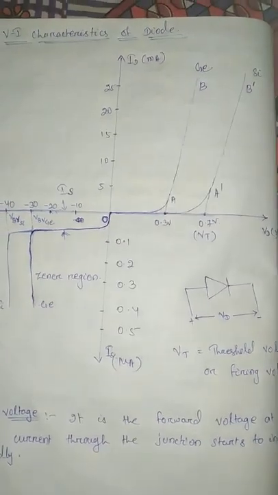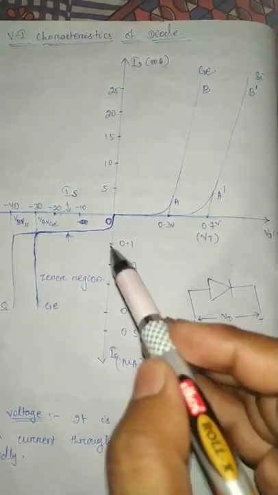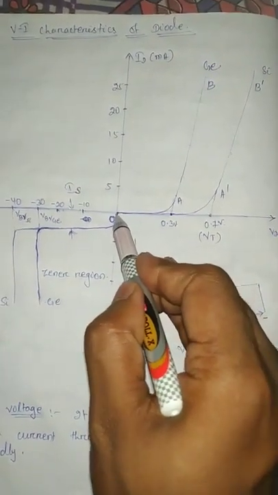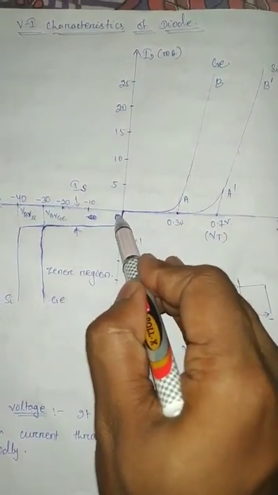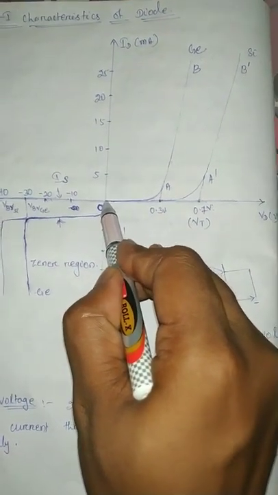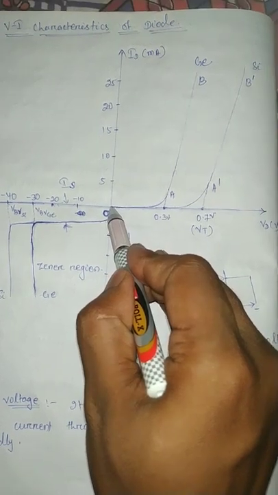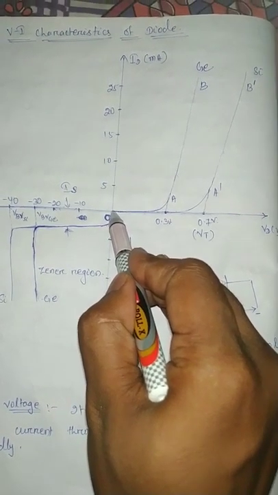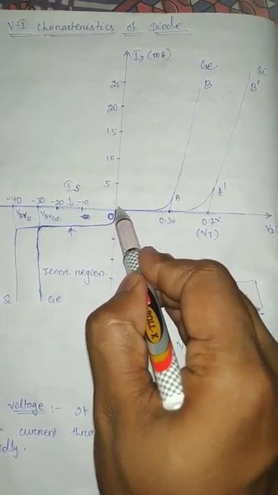So supply voltage is 0 and current flowing through the diode is 0. In this plot it is represented by the point O. That means in unbiased condition no current flows through the diode.